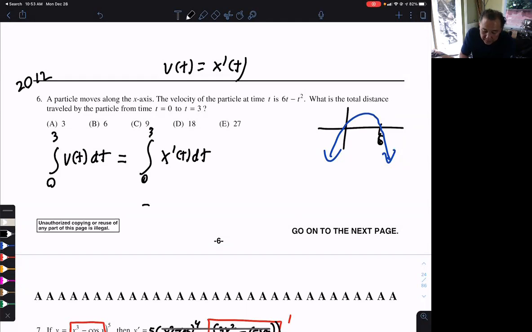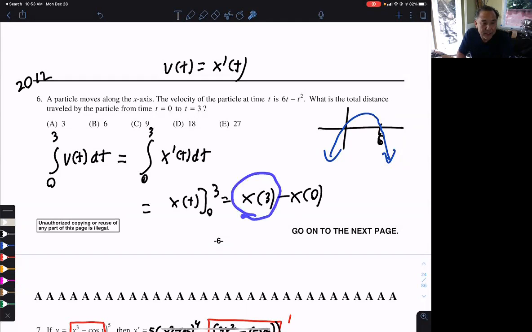The antiderivative of x prime is just x. So what is this really saying? This is the final position of the object. This is where it started. So this gives you the change in its position. So when you integrate velocity, it gives you change in position, which is also known as displacement.